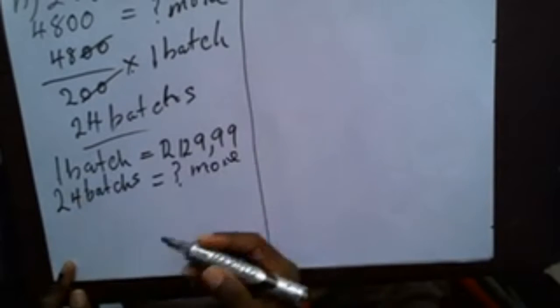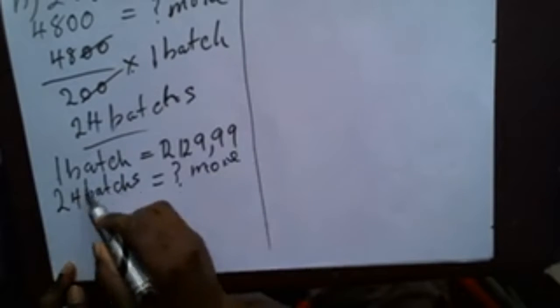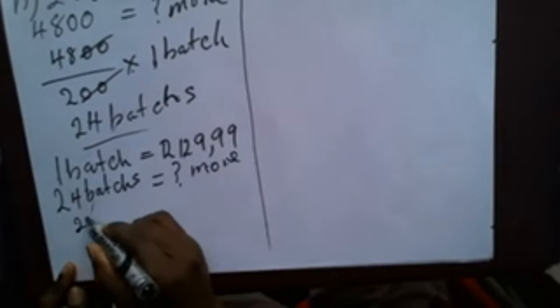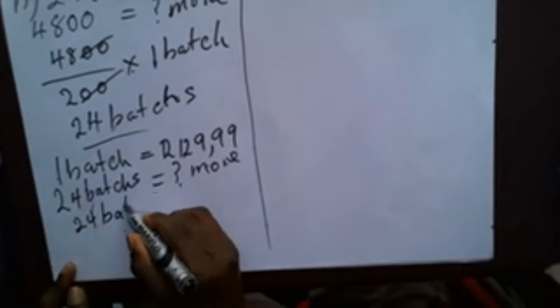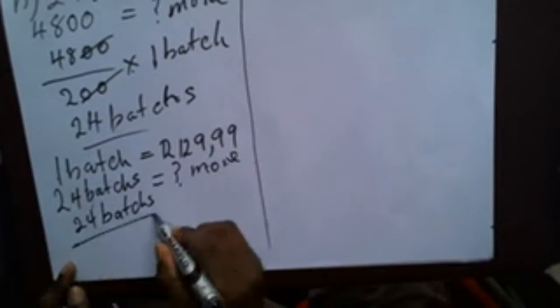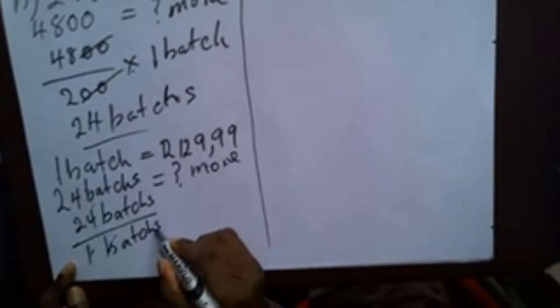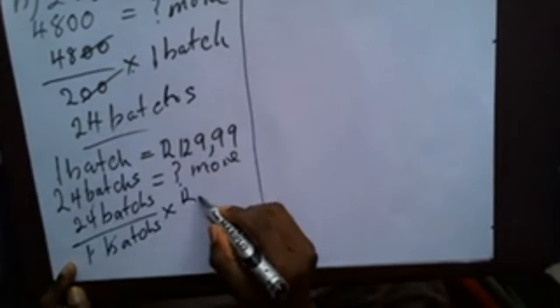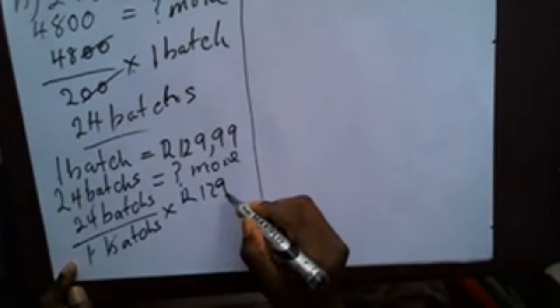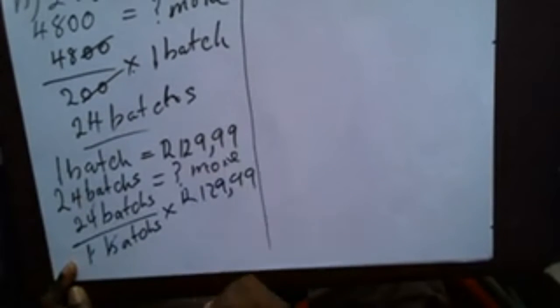So if it is more, the rule says a bigger number, which is 24 batches, over one batch, multiplied by 129.99, which is equal to what?